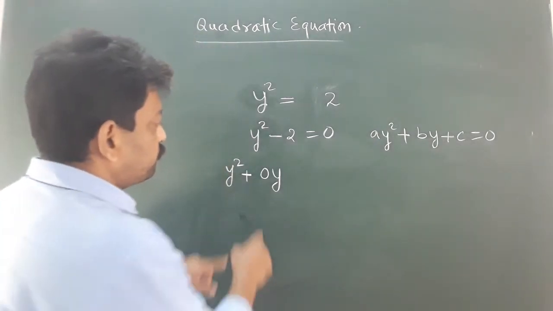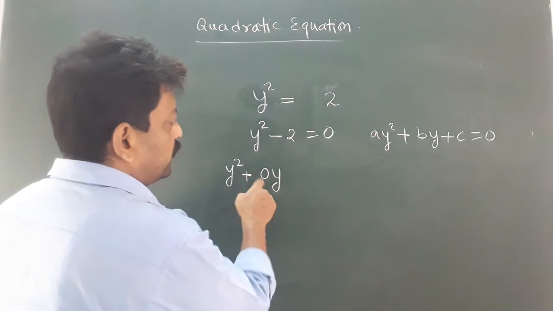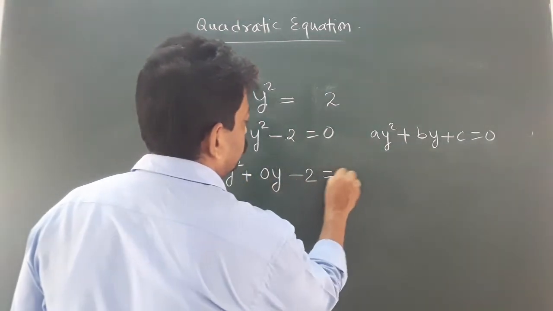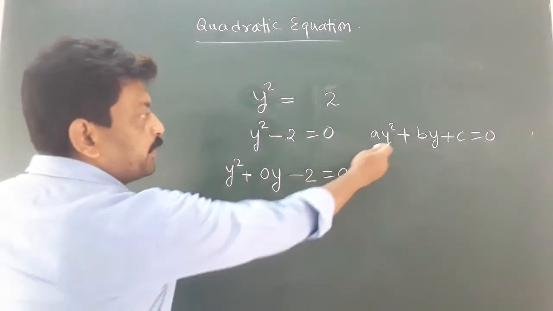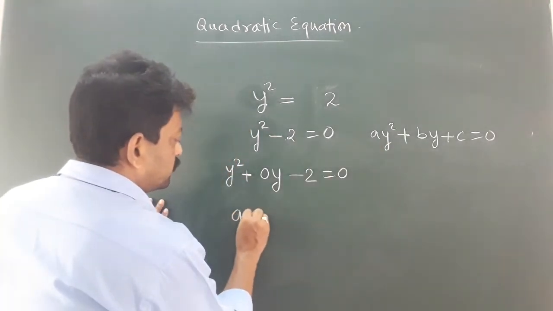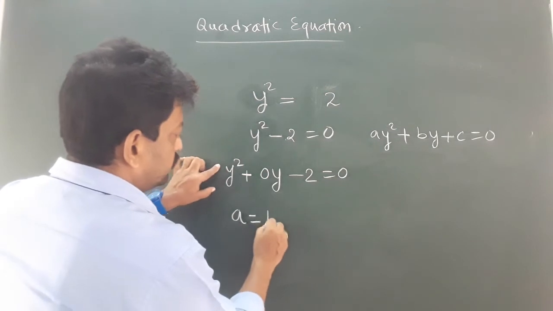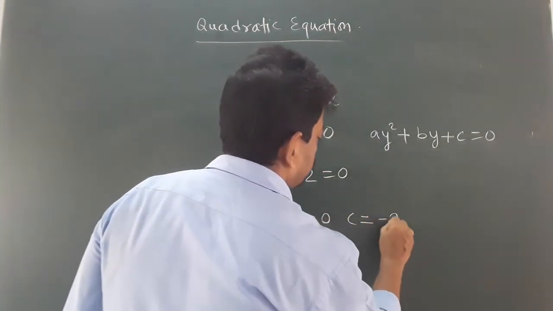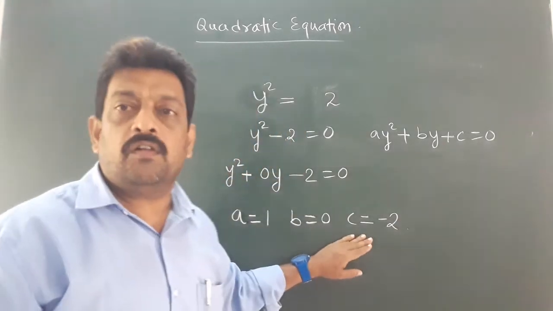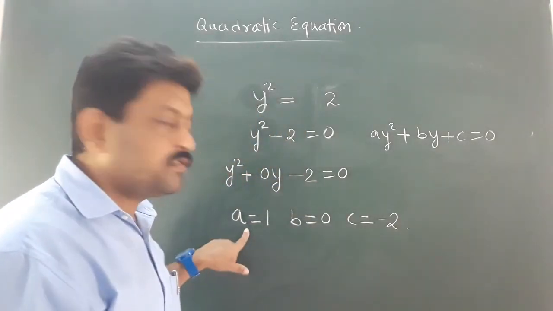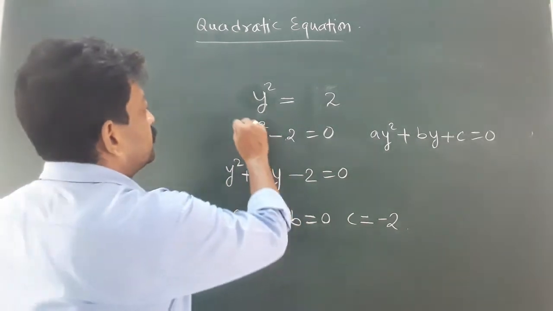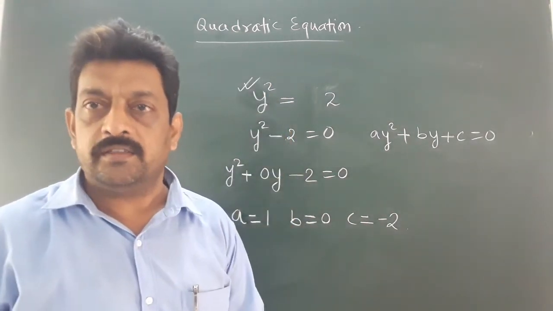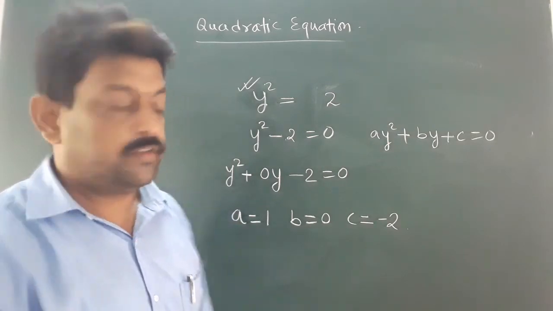So here, since b is not there, we can write 0y, and c here it is minus 2. So if you compare with the general equation, then a is 1, b is 0 and c is minus 2. Therefore a, b and c all are real numbers and a is not equals to 0. So we can say that this is also a quadratic equation in y. Got it? Very good.